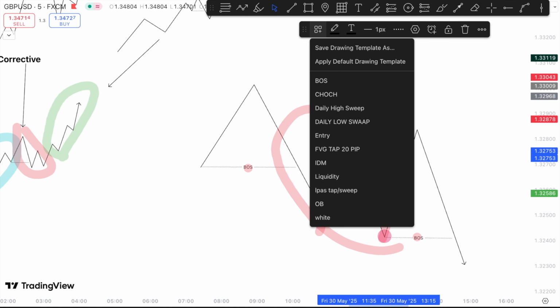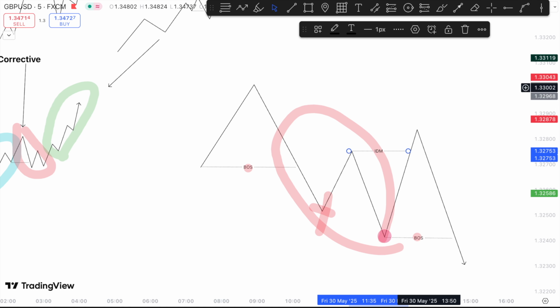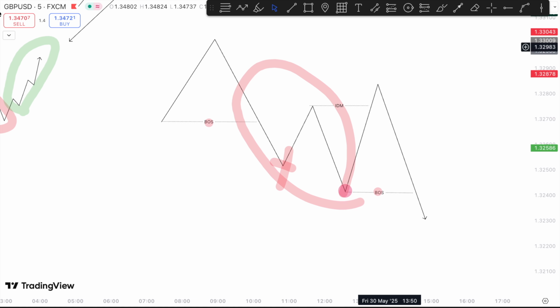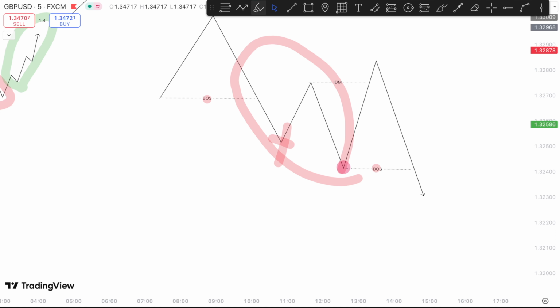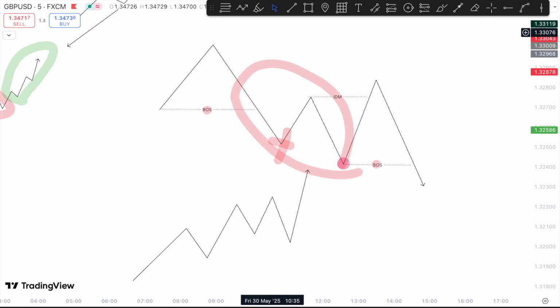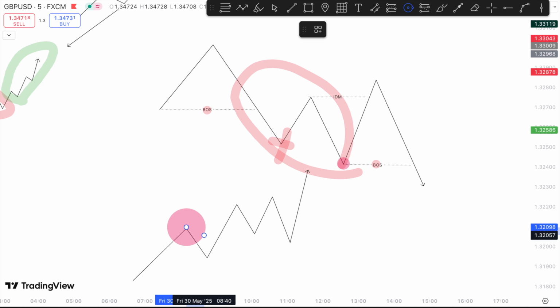Okay, as I told you, inducement is sweeping the liquidity of previous high in a downtrend, of a previous low in an uptrend. Similarly, in the case of uptrend, to confirm new higher high, this will be our higher high, and after that, any person who marks break of structures, let me mark this first.